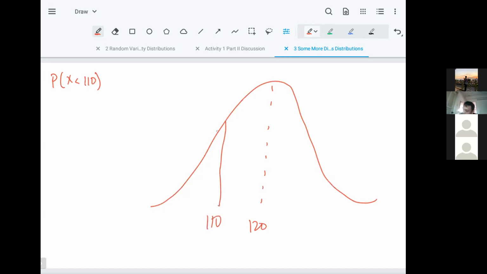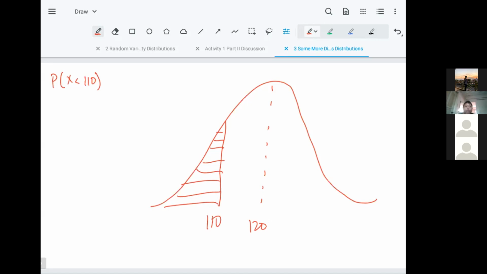And we're looking for the area to the left of 110. So true or false, less than 50% yan? True, di ba? We know that the area to the left of 120 is 50%. Mas nasa left pa siya, so mas mababa yan sa 50%. Pag mas mataas sa 50% yung sagot nyo, medyo kabahan kayo.